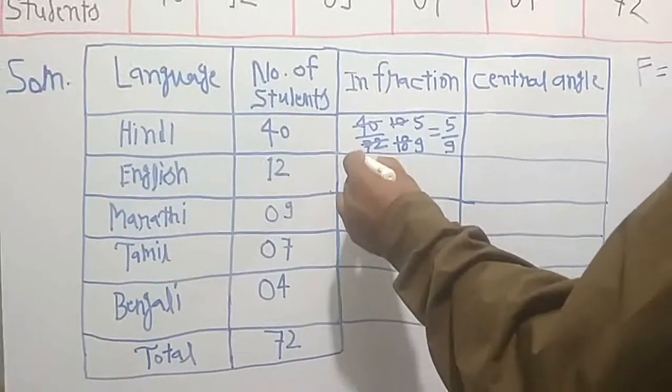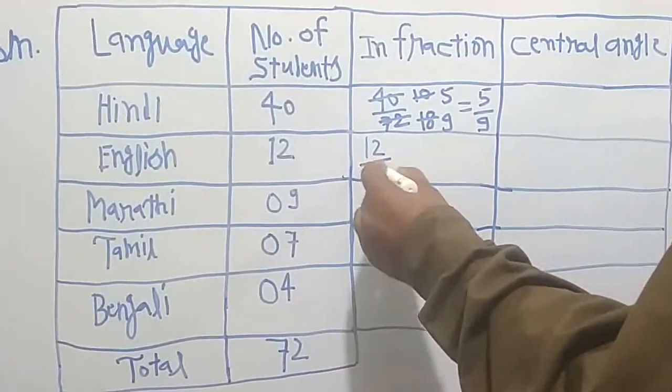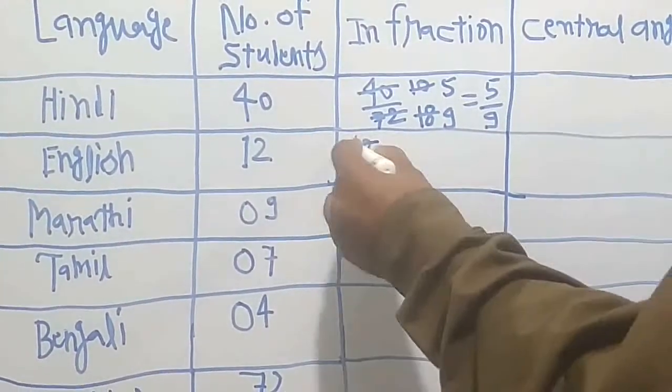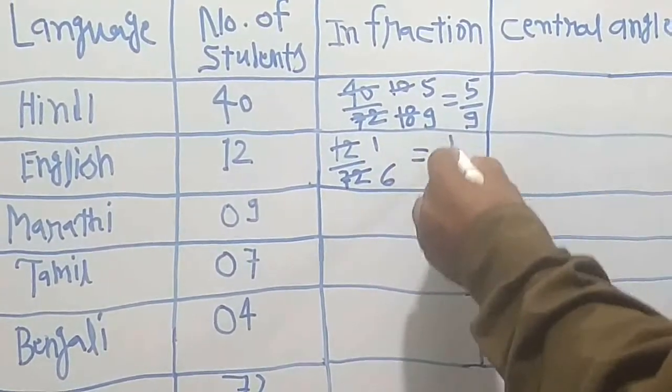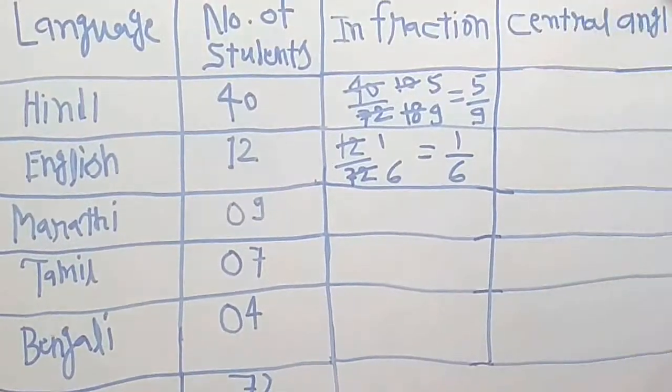For English, it is 12 upon 72. 12 ones are 12, 12 sixes are 72. So it is 1 upon 6.